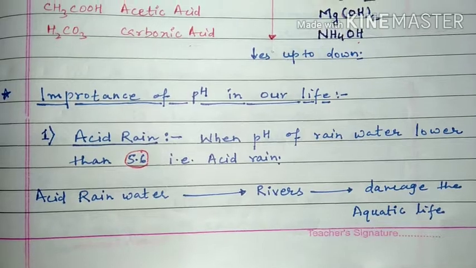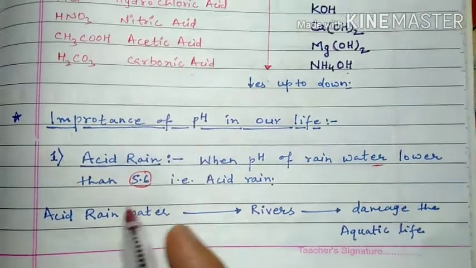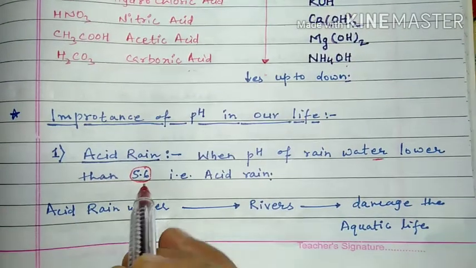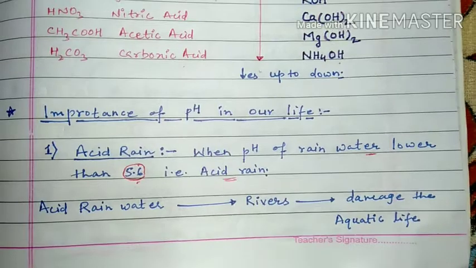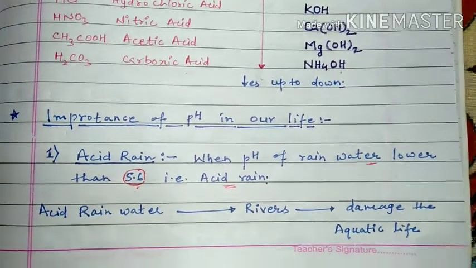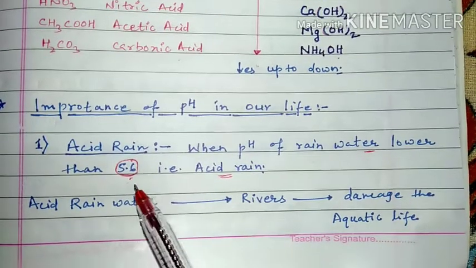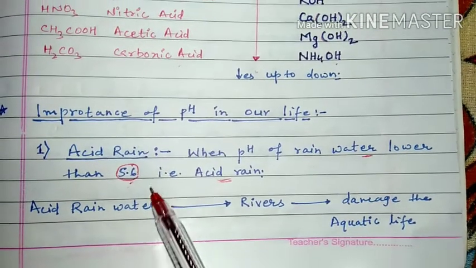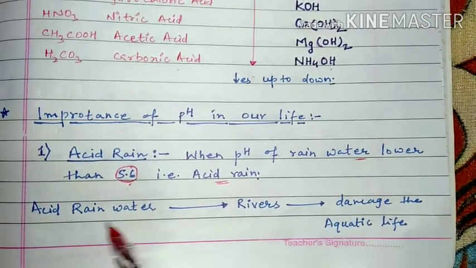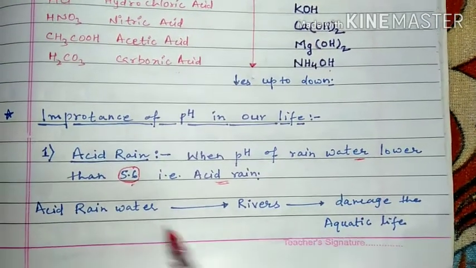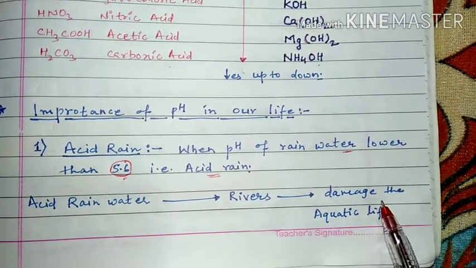In our surroundings, whenever the pH of rainwater decreases to lower than 5.6, that rain is known as acid rain. And if the rainwater goes into a river, the acidic water damages the aquatic plants.